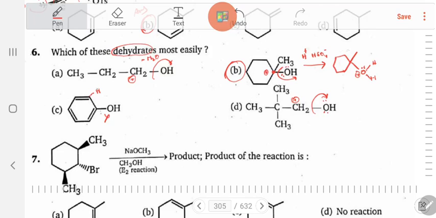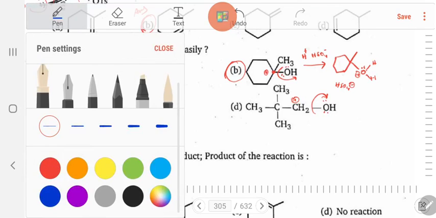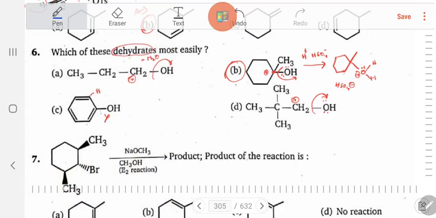Then this HSO4 minus will abstract hydrogen. So here there is hydrogen, right? This HSO4 minus will abstract this hydrogen, then this bond will be shifted here and this H2O is lost.